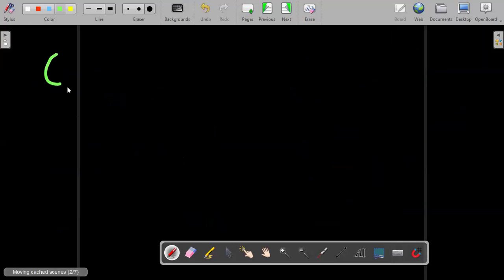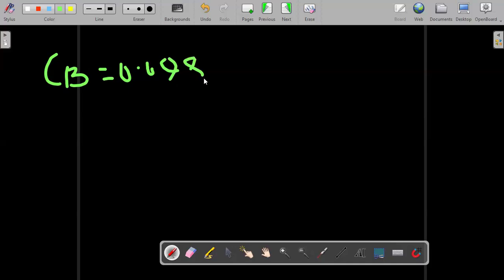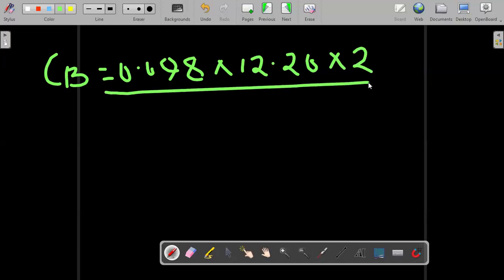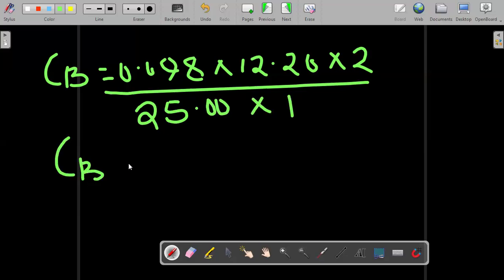So I will now make CB the subject of the formula. My CB will be 0.098 times 12.20 times 2, divided by 25.00 times 1. Like I always say, don't multiply once. Multiply the numerator and write it down. So I will have 0.098 times 12.20 times 2, which is 2.3912.